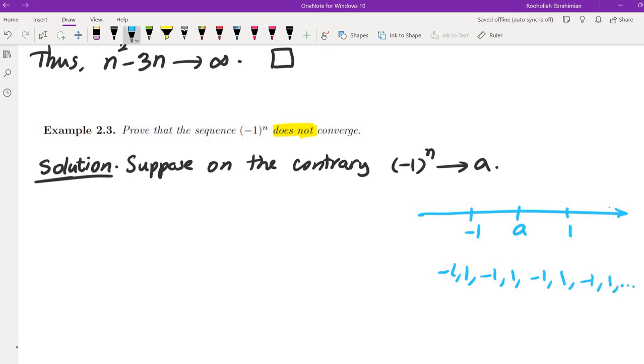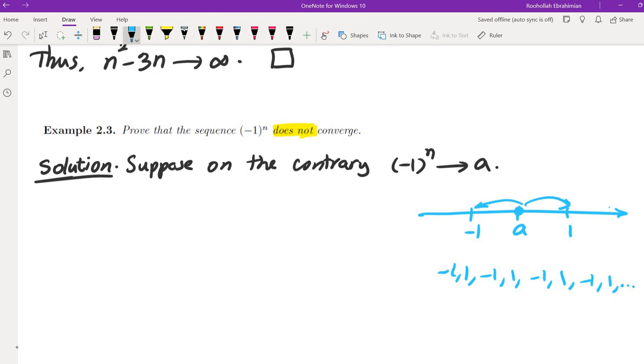You're always going to have both 1 and -1, which means there's not going to be a limit because the limit must be close to both 1 and close to -1. So the problem is that a cannot be both close to 1 and close to -1.